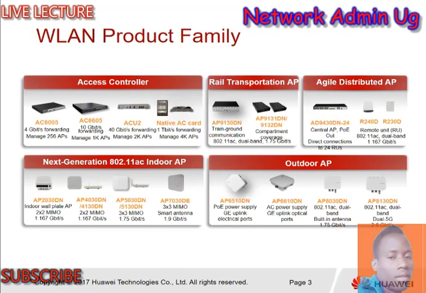I'll pinpoint one access point which is normally used on the market right now, the 5030 DN access point. It uses MIMO technology and can give you speeds of 1.7 gigabits per second.